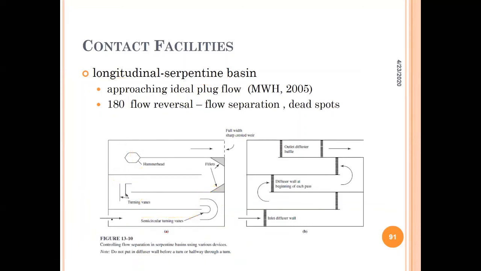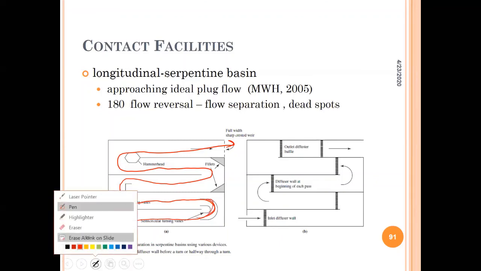We want the water to go as if the reactor is a plug flow, like this, like this, and they go. But if there is some narrow turn, water will mix.